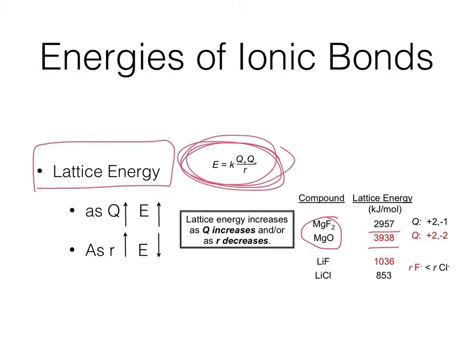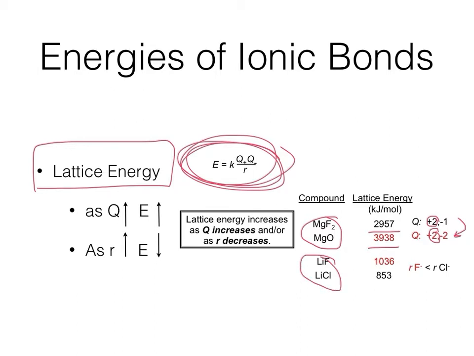Why? Well, you've got the magnesium, which is a +2 in both cases, but you're going from a -1 to a -2. So you're doubling the charge. Now, it doesn't quite double the lattice energy. It's not necessarily a 1-to-1 thing.